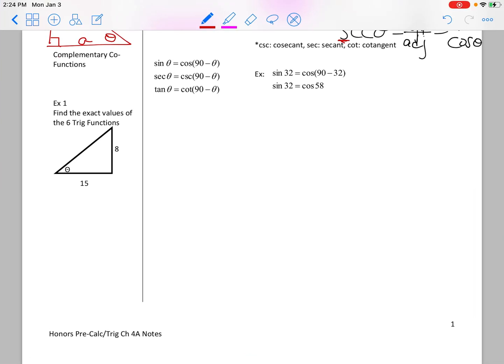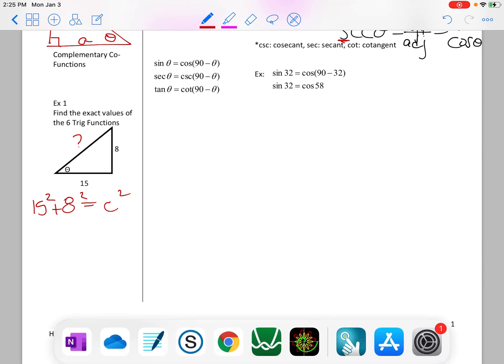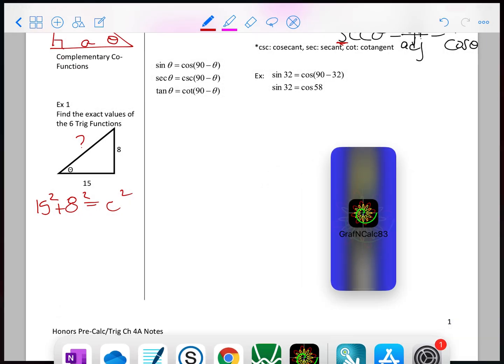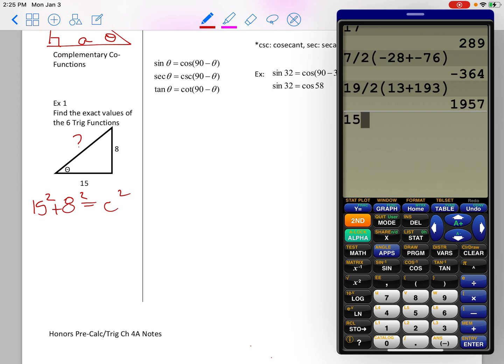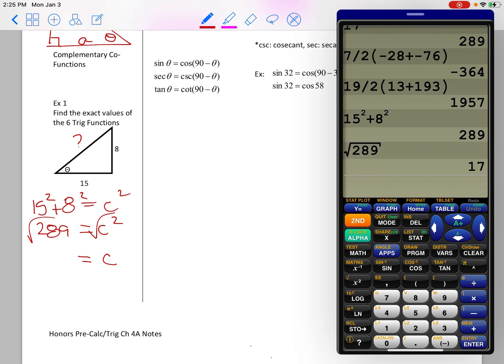I need to find the missing side here, so I'm going to use the Pythagorean theorem. 15 squared plus 8 squared equals c squared. 15 squared plus 8 squared is 289, which equals c squared. Take the square root of both sides. Now, if it's not a perfect square, you're going to need to leave it as a square root. The square root of 289 is 17.